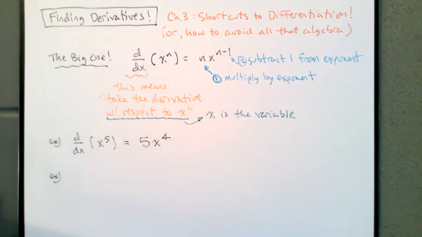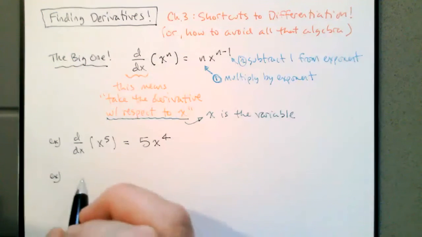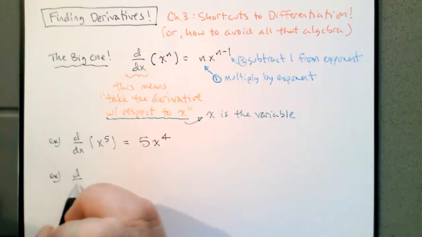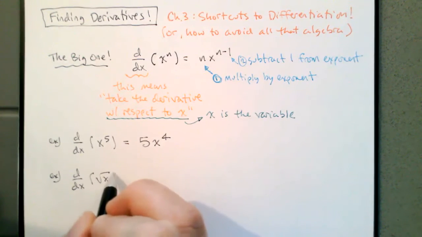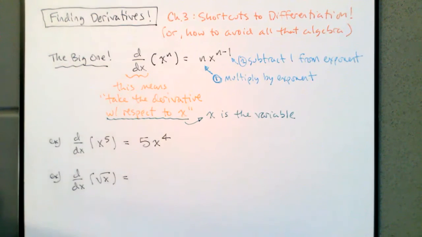The nice thing about this rule is that it is super useful. If we can write things as powers of x, then we should write powers of x. For example, let's suppose I wanted to find the derivative of the square root of x. What's another way we can write the square root of x?